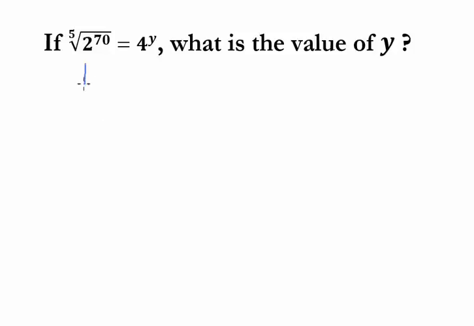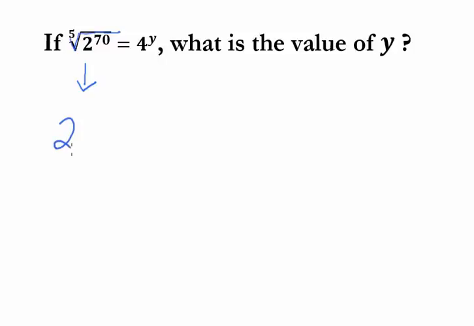First step, let's rewrite this root, this radical, using exponents. We like that idea because once we get everything to look like exponents, we can work with it. We can use these exponent laws that we have, and we can manipulate these expressions and equations.